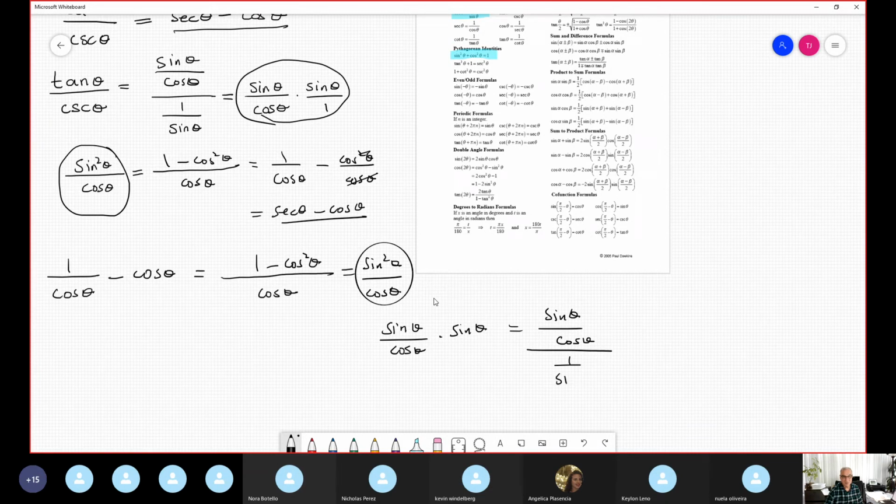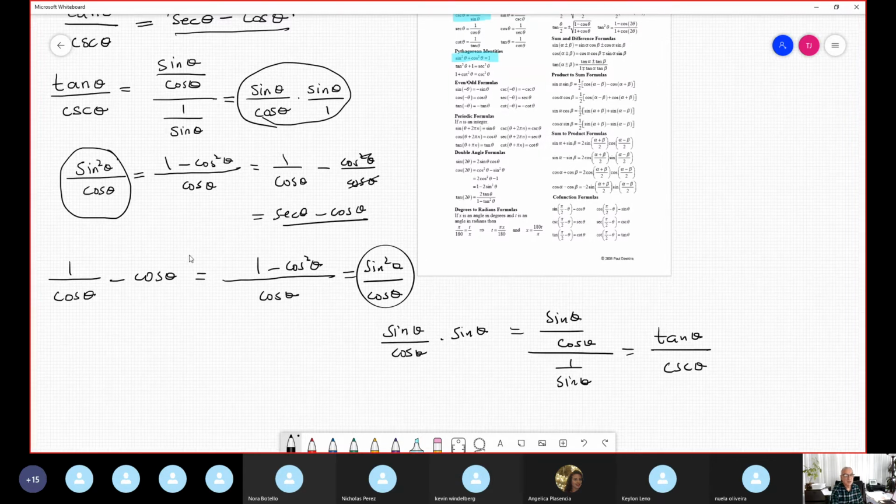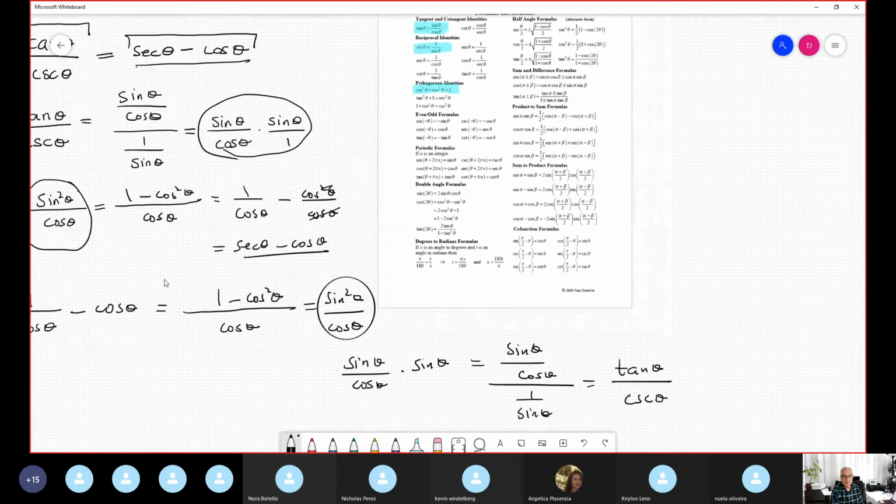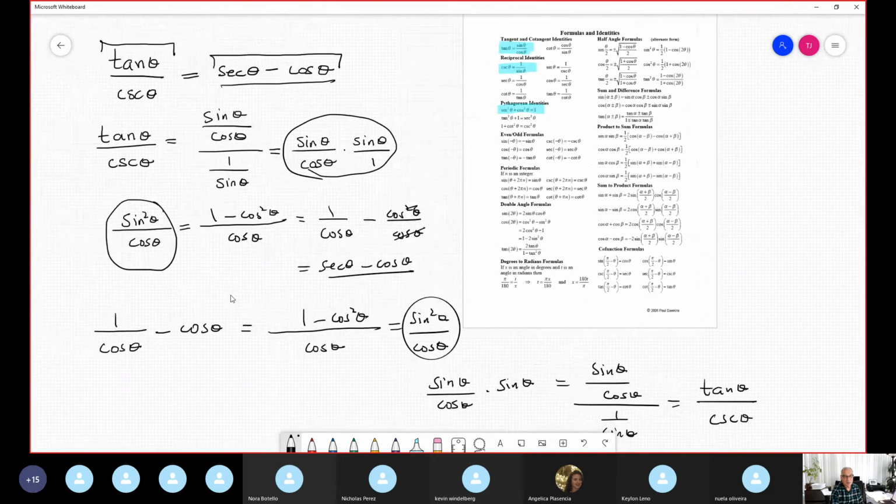It's sine. And this is tangent divided by cosecant. Okay, it's exactly the left hand side. In my opinion, it's better in the way I did before. Huh? Yes or no? It is easy.